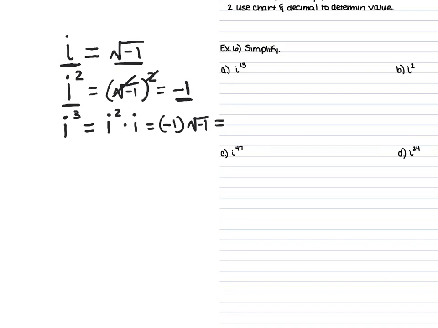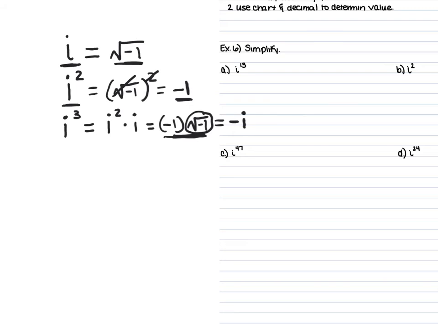I don't know what the square root of negative 1 is, so it's just going to end up as negative 1 times i, or negative i. This becomes negative i because I can't calculate the square root of negative 1. I can only tell you that it's i. And if I take i and multiply it by negative 1, I get negative i.